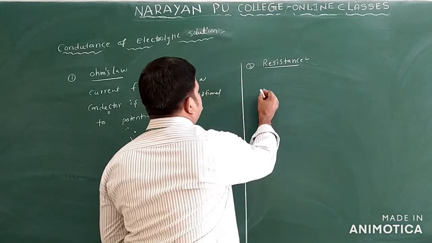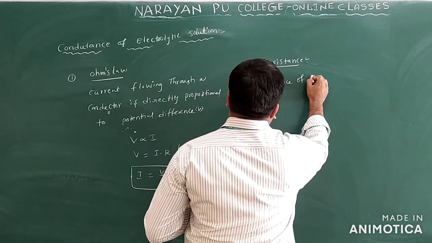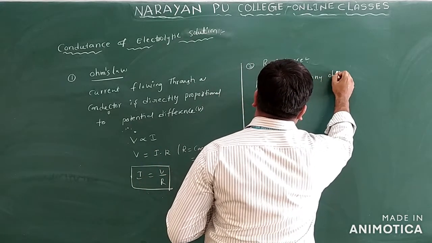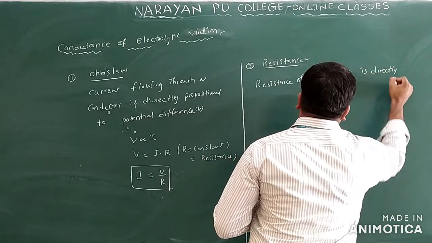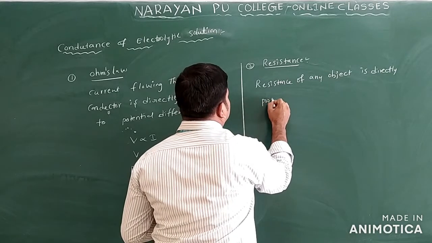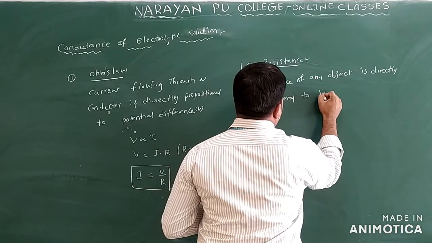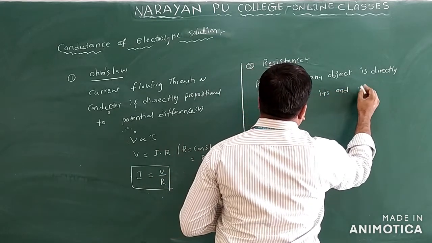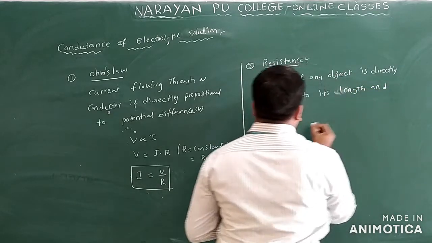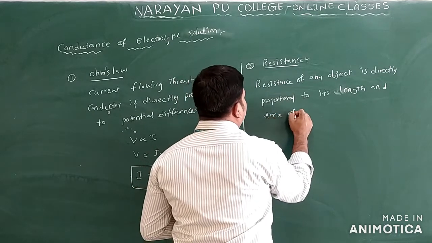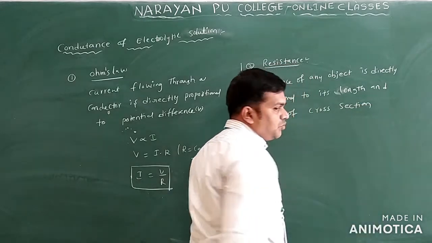I will write the definition here: resistance of any object is directly proportional to its length and inversely proportional to the area of the cross section.